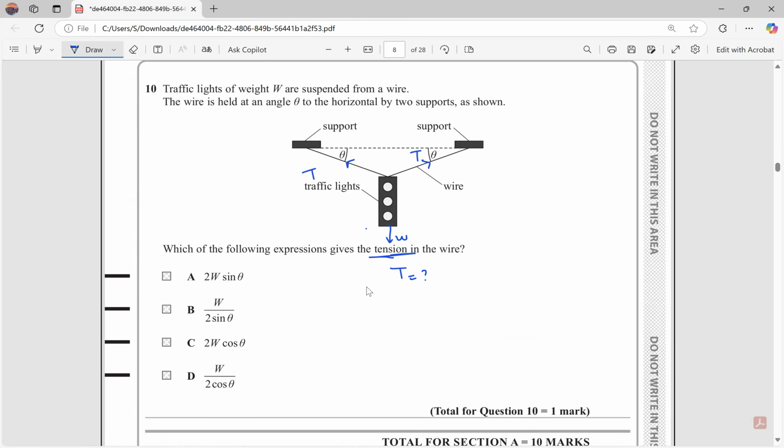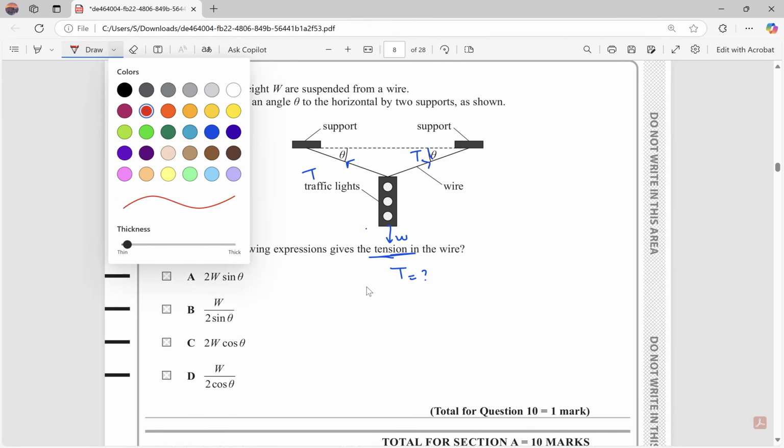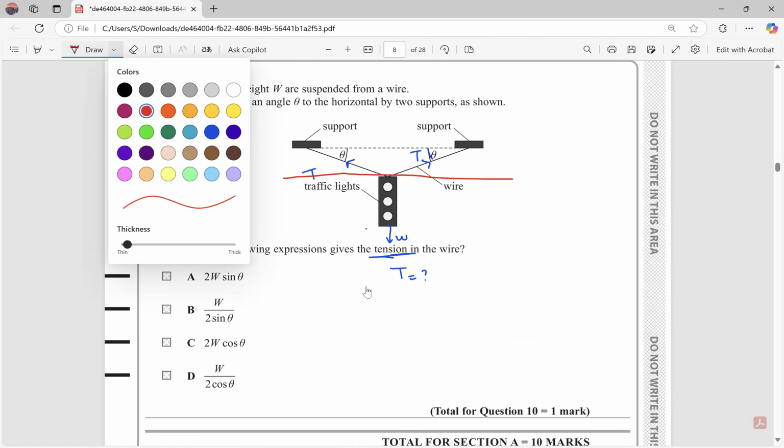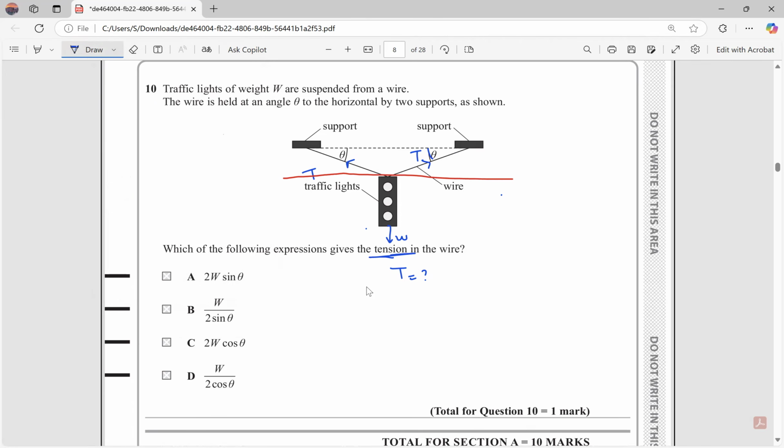So, here there's an angle. I'll draw a horizontal line here. Now, by some math rules, if this angle is theta, then this angle, I think it's called alternate angles.